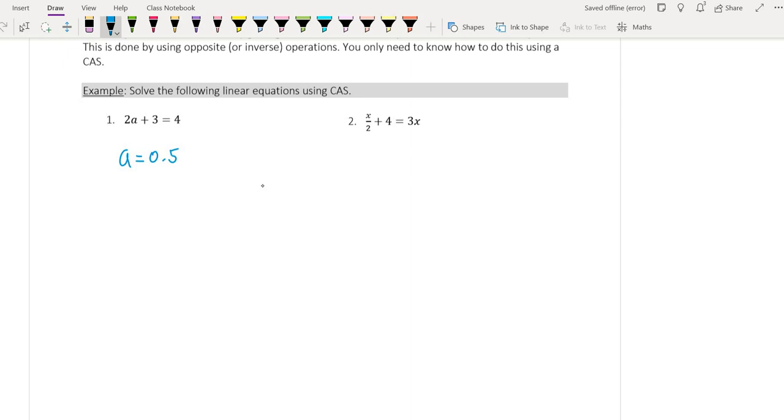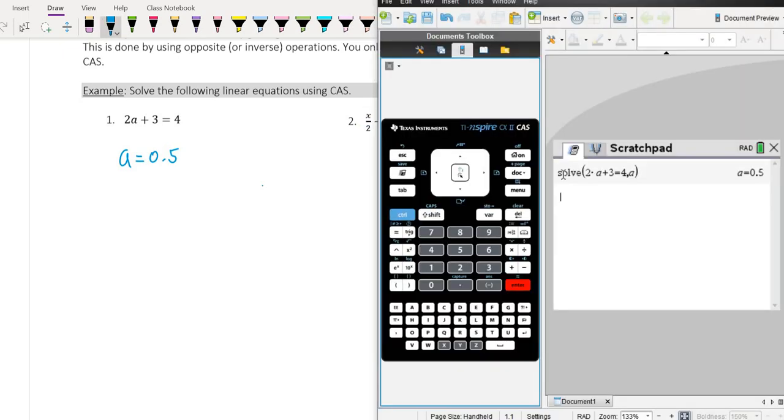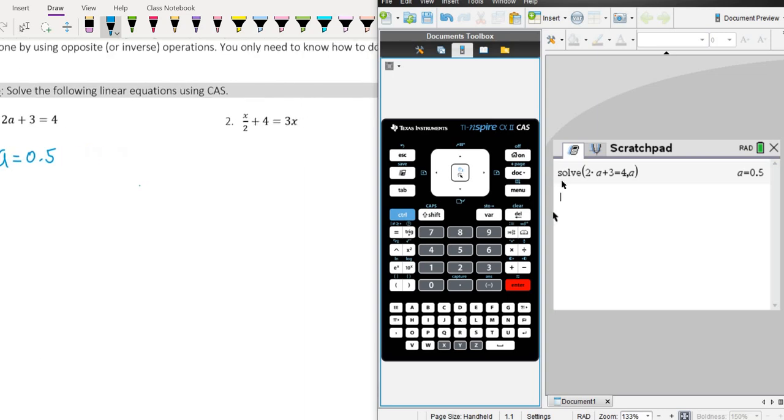The next one here as well, if you were to solve this by hand, there's x's on both sides, there's a fraction there, so there's a fair bit of work to do. So instead of doing that, we'll just be using the CAS to solve. So again, menu, algebra, solve, and you just carefully type in this equation. A fraction on the CAS can be written by doing control and division, then it gives you a fraction.